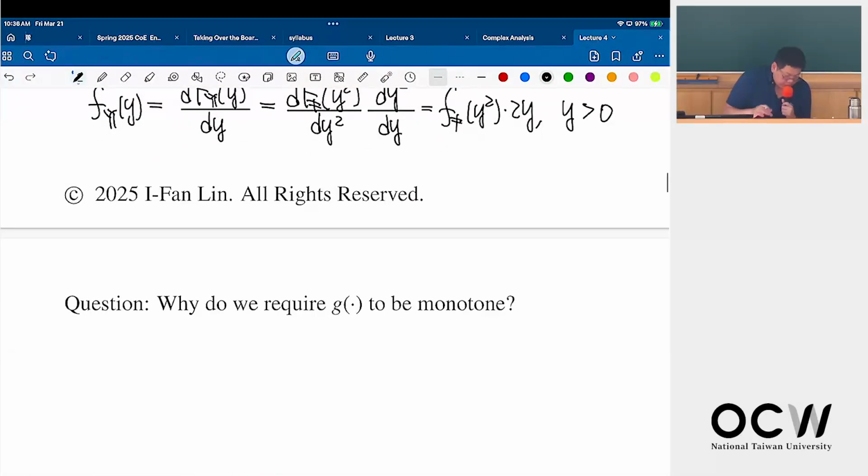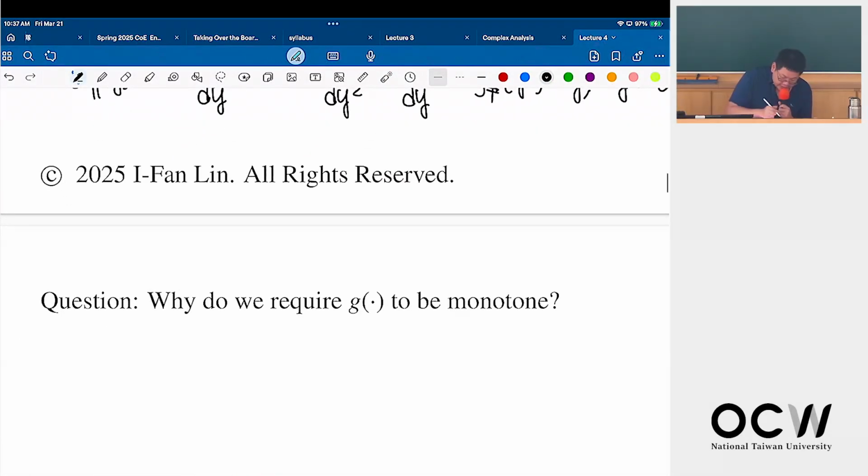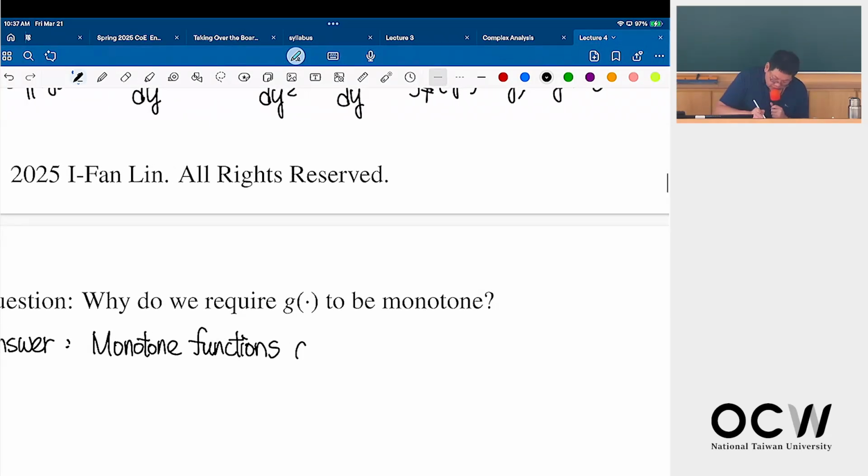So here's the answer. Monotone functions are 1 to 1.